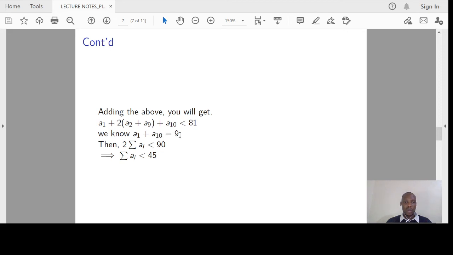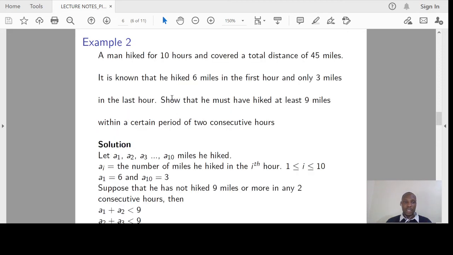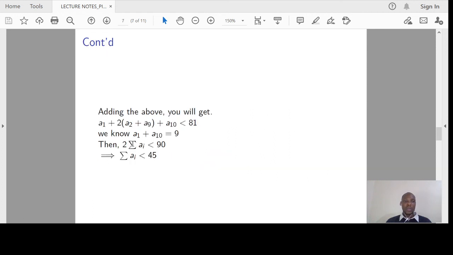Is that true? Yes, because from the first part of the solution, A1 and A10 were defined in the question as 6 and 3. So the sum of these 3 and 6 is 9. That's simple.